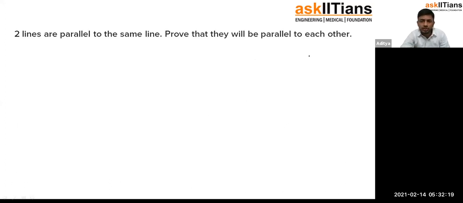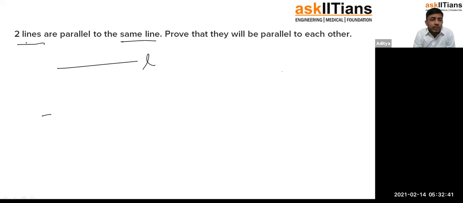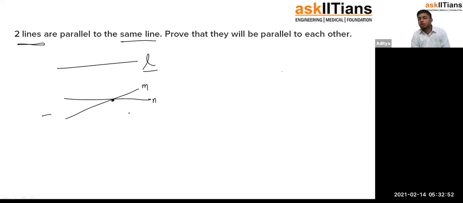This question states that two lines are parallel to the same line. Prove that they will also be parallel to each other. So let us say there is a line. We will prove this by contradiction. What do we mean by that? Let's say this same line that we are talking about is L, and let us assume to the contrary that the lines which are parallel to the same line L, let's call them M and N, maybe they can intersect, maybe they are not parallel.